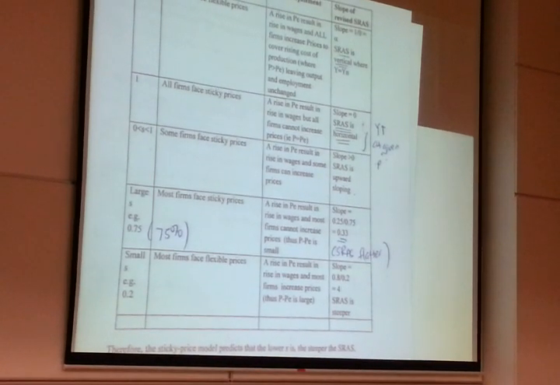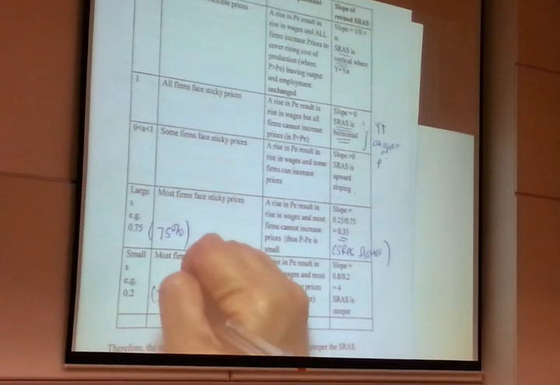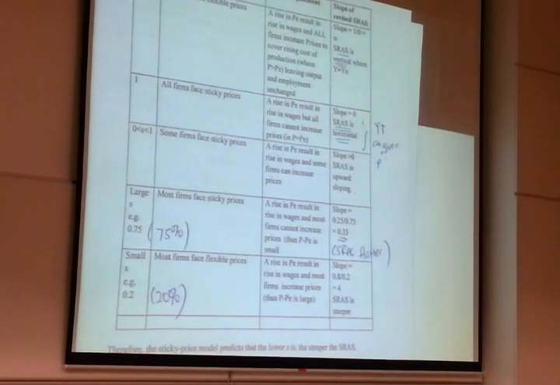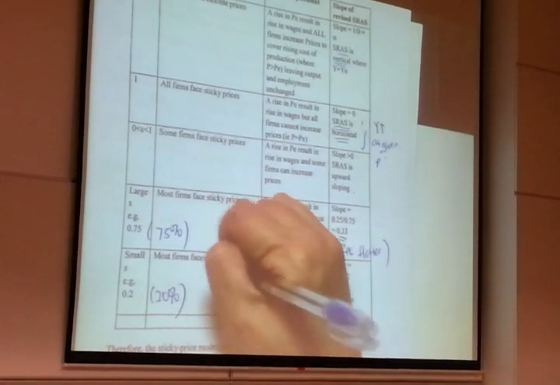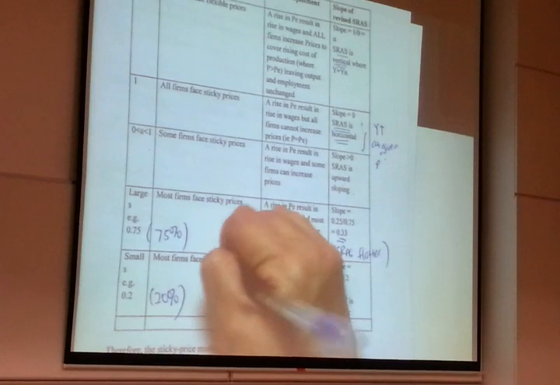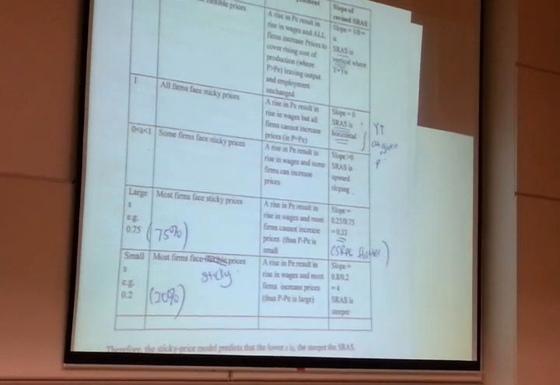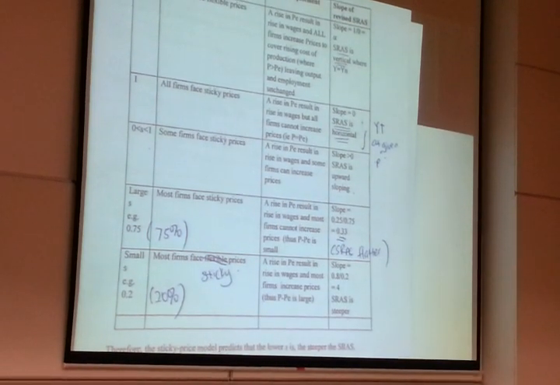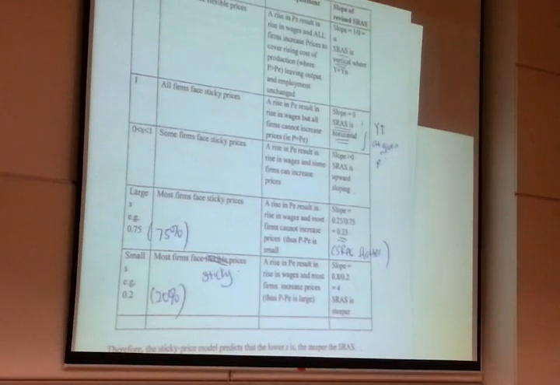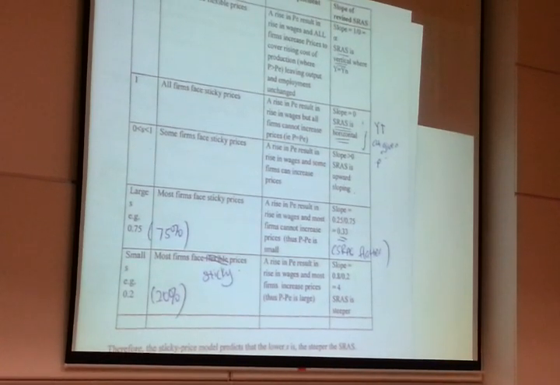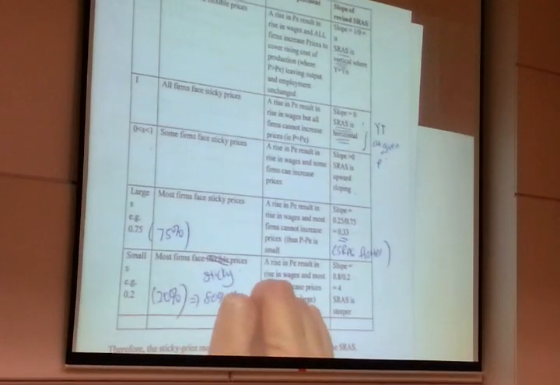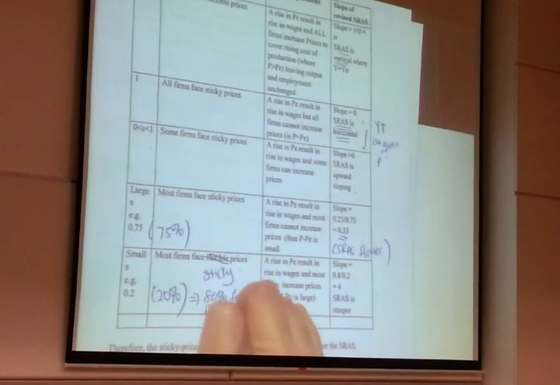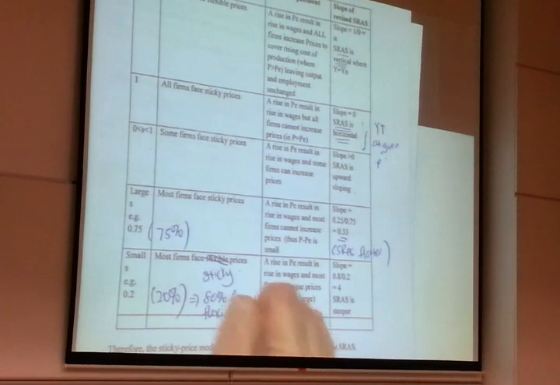Then you reverse it. What if now only 20% of the firms in the economy face sticky price? This was a typo earlier, it should be sticky price, cannot be flexible. If a very small percentage of your firms face sticky price, it means 80% face flexible prices.